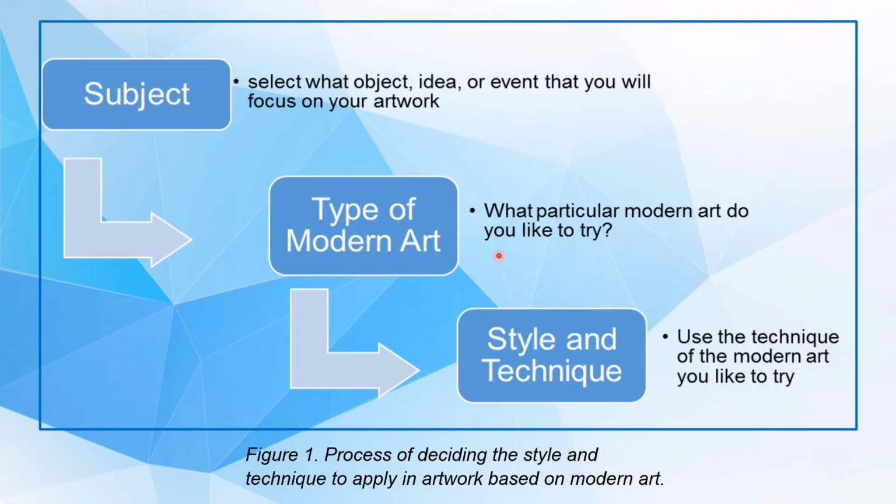What particular modern art do you like to try? So first the subject, next the type of modern art, and lastly, the technique. Use the technique of the modern art you like to try.